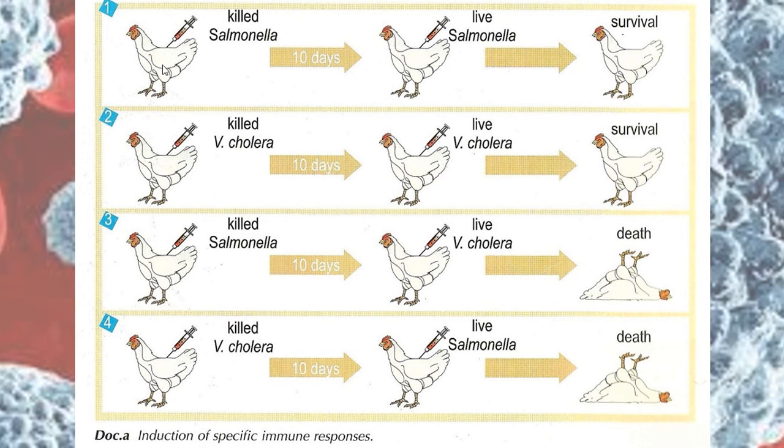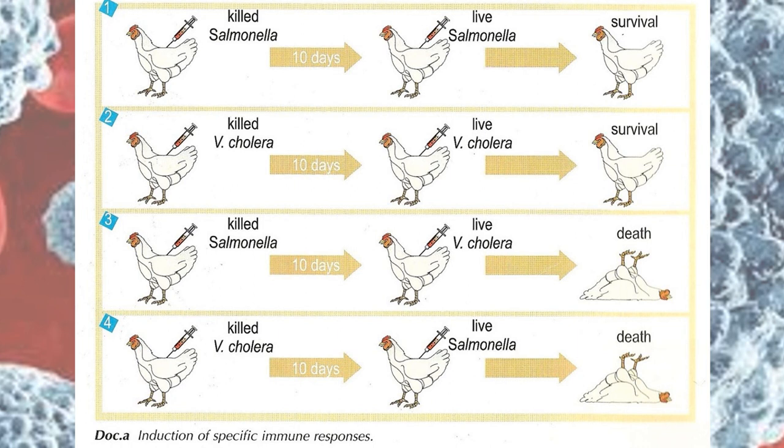But what it has done is that it introduced the immune system to the antigen of the salmonella. So the body of this hen has recognized this antigen as non-self. It developed a specific immune response to get rid of this killed salmonella.